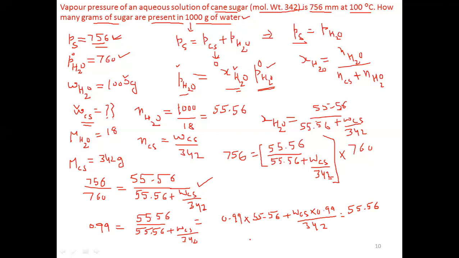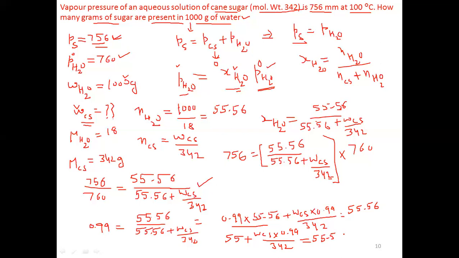Now we will solve this. 0.99 into 55.56 is approximately 55. So we can write here 55 plus WCS into 0.99 divided by 342 is equal to 55.56.